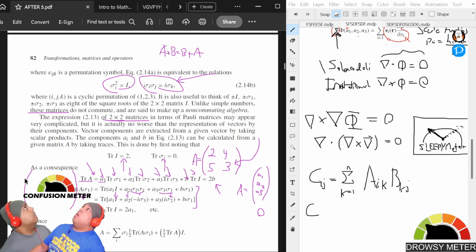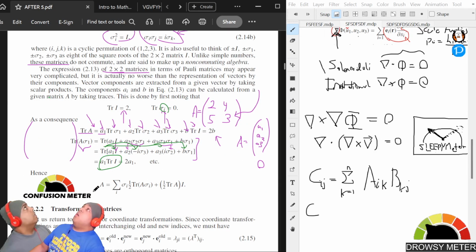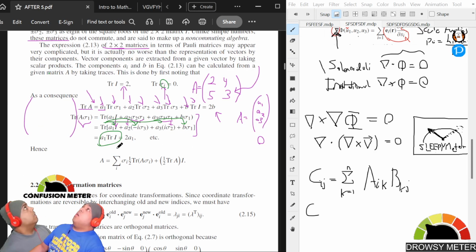What I'm seeing here is the trace is distributed around everything, so we end up with 4 traces. And these guys are 0 because trace of this is 0. So we end up with trace of I. A1 is a constant. Is A1 a constant? Yeah. 2A1. Hence A equals these. Oh my god.